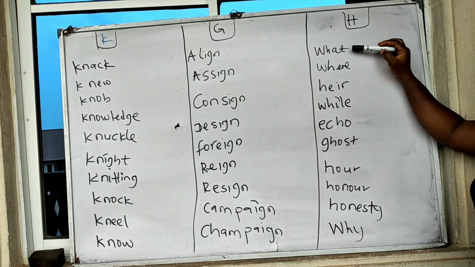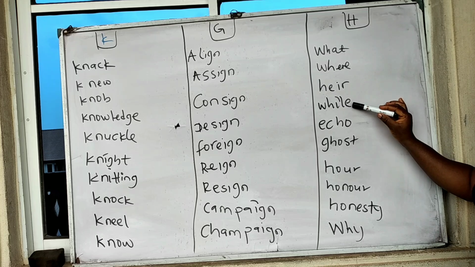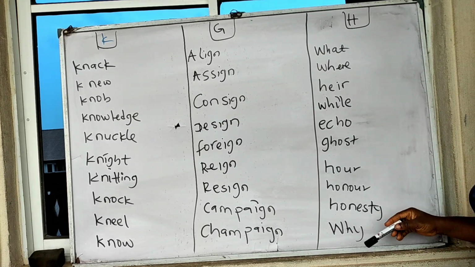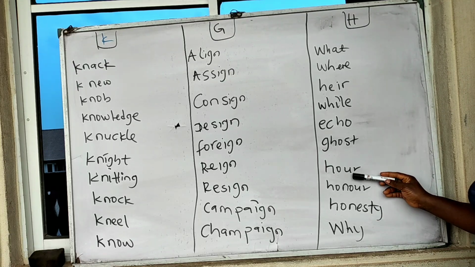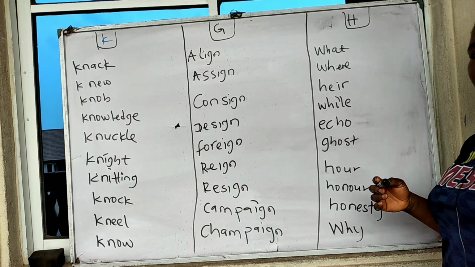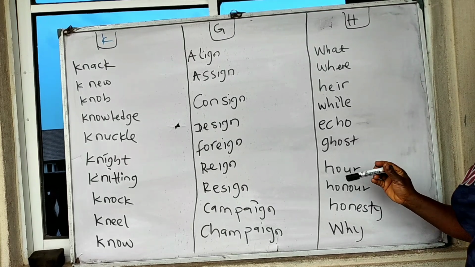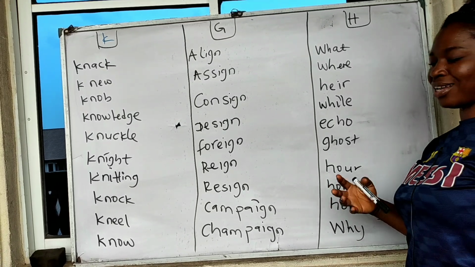And here we have what, where, air, while, echo, ghosts, hour, honor, honesty, and why. This is not hour, it is hour. The H is actually silent. This is O, and O is pronounced in different ways.